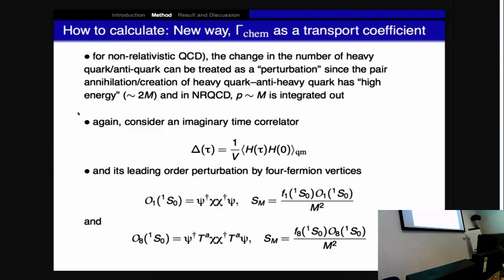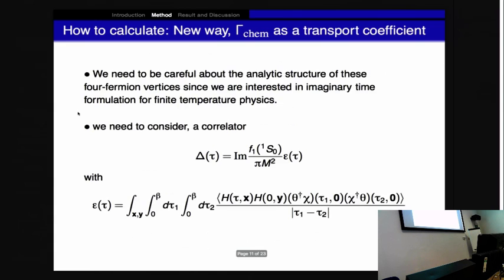But in the heavy quark effective theories, these things can be computed using this complicated object, which is, you start from the Hamiltonian here in non-relativistic theory, which actually counts the number of heavy quarks. So actually this is related to the number density.